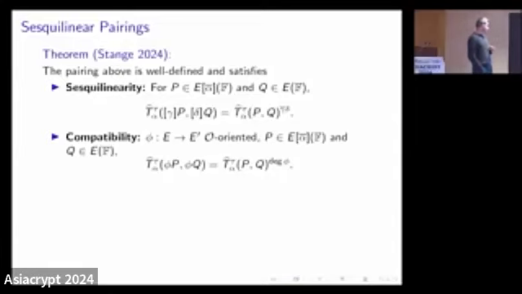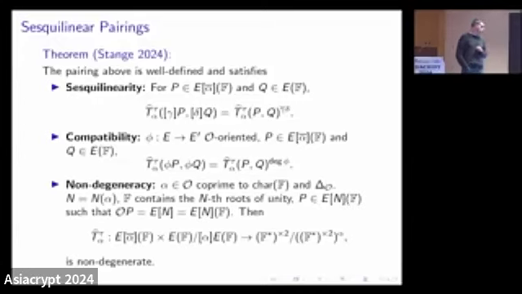They're also compatible. So if we have some oriented isogeny phi, then we have this nice relationship here between considering t hat applied to phi p and phi q, and t hat just applied to p and q.